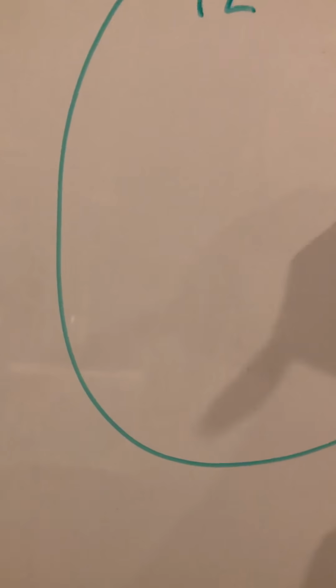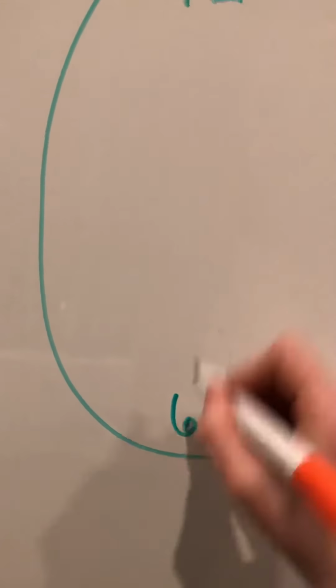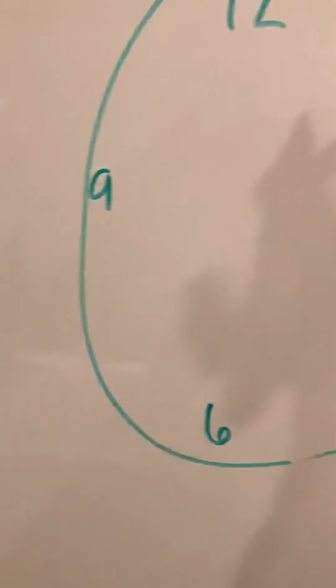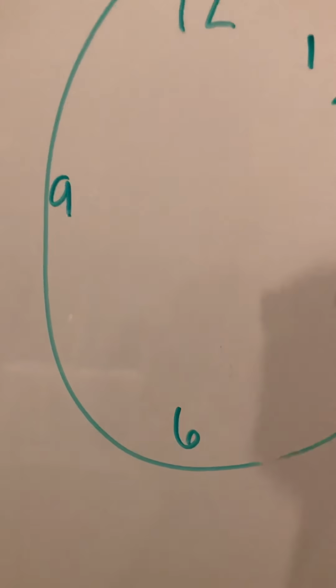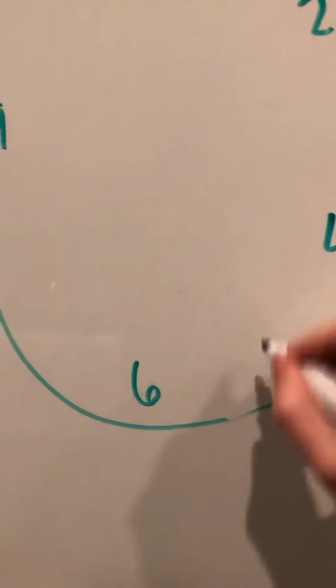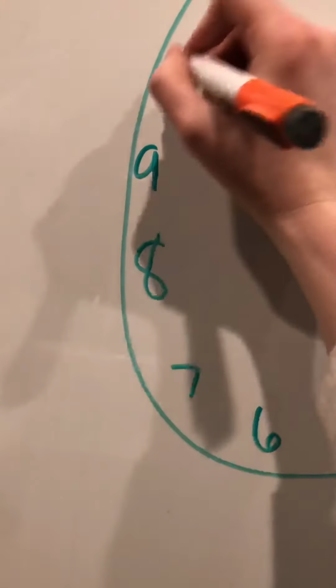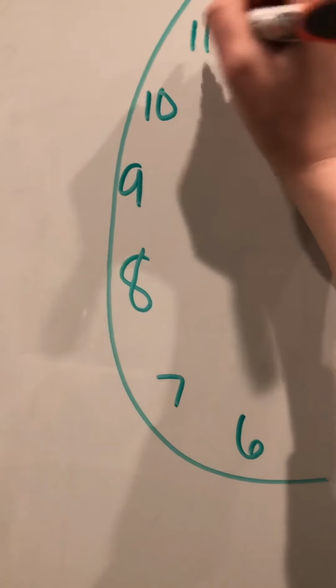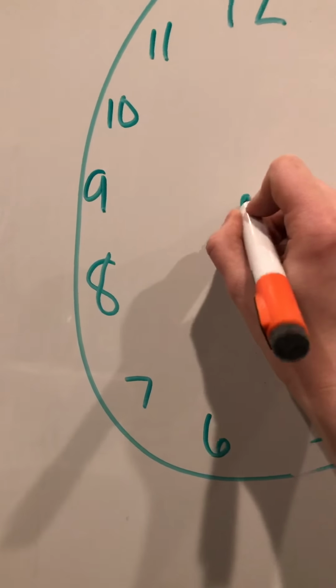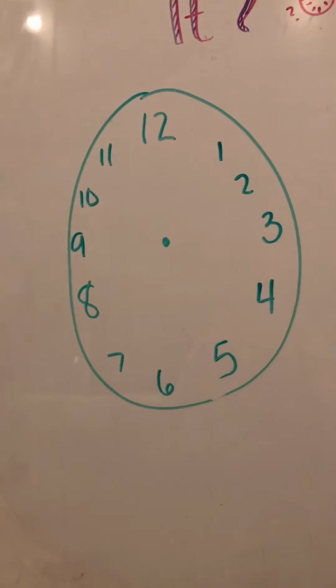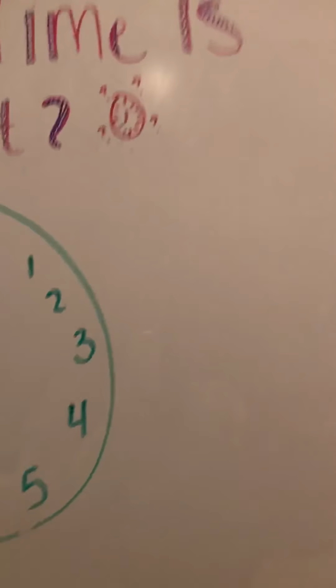Put 12 here, 3, 6, 9. And then fill in the spots. So I'm going to write some times over here, and I want you to practice drawing them on your analog clock.